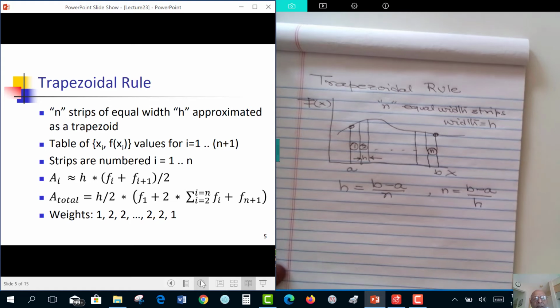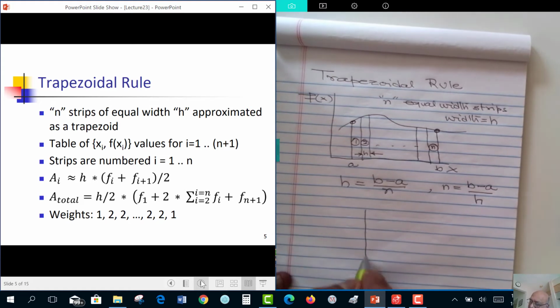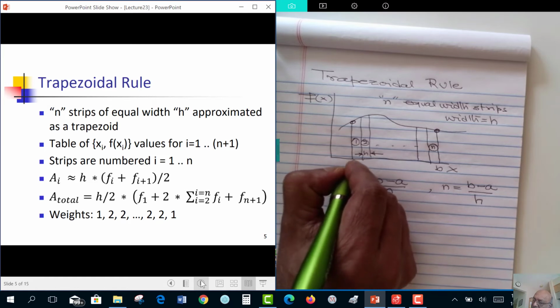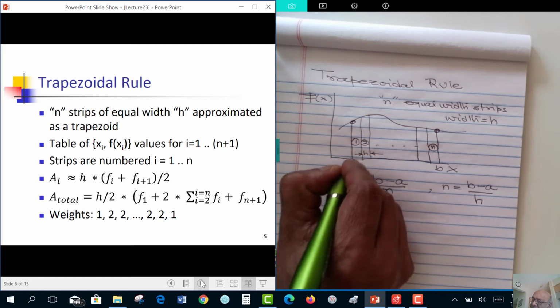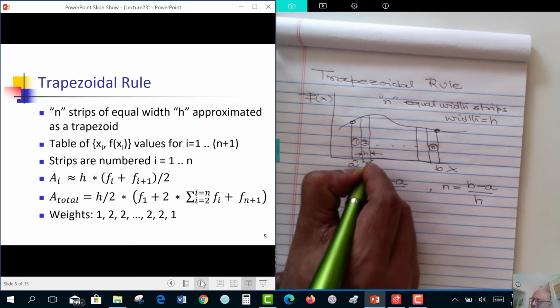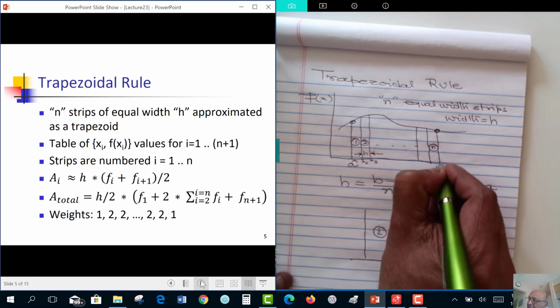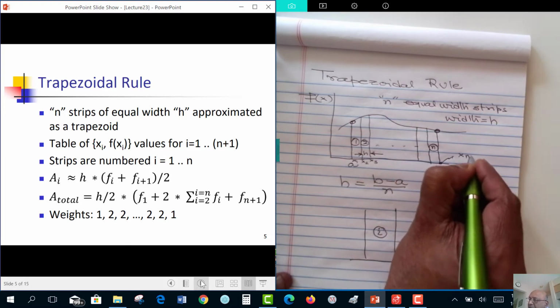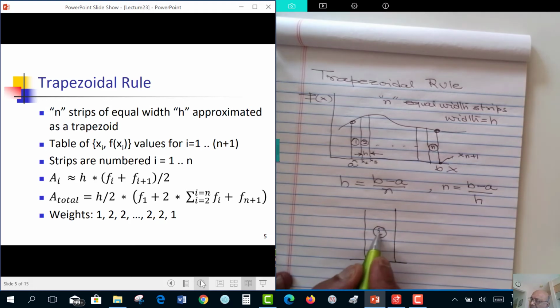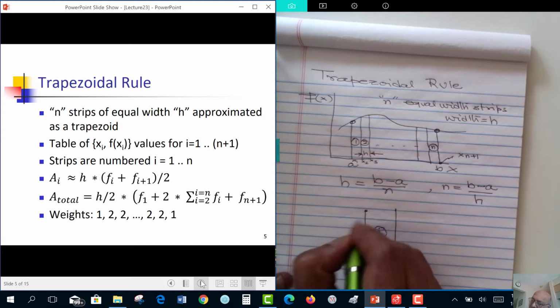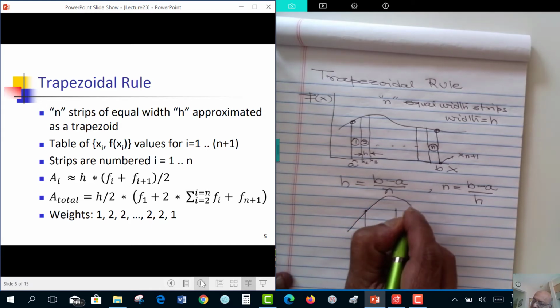So what we do is we consider one strip, let's say strip number i. Notice if we start numbering our points, say a is x1, x2, x3, so the last one would be x(n+1). So strip i is between xi and x(i+1), and let's say that's our curve.